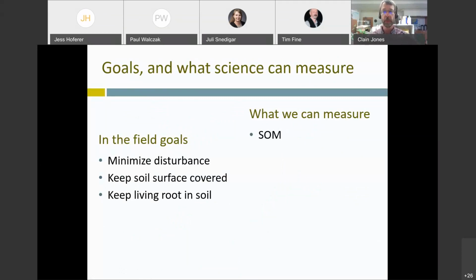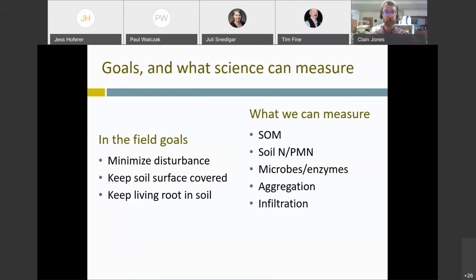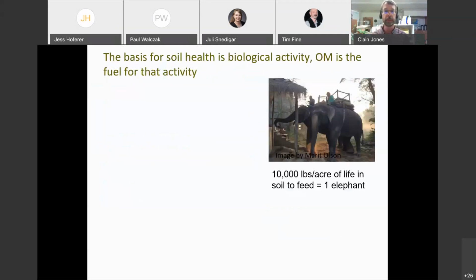One would be SOM, or soil organic matter, soil nitrogen, or PMN, which is an abbreviation for potentially mineralizable nitrogen, microbes and enzyme activity, aggregation, which means the clumping of soil into small little pieces that allow roots and air and water to move through those aggregates, infiltration, which gets water off your field, meaning down rather than over, which is bad because that can cause erosion, soil pH, and yield and protein being kind of the end recipients of all these soil health measures.